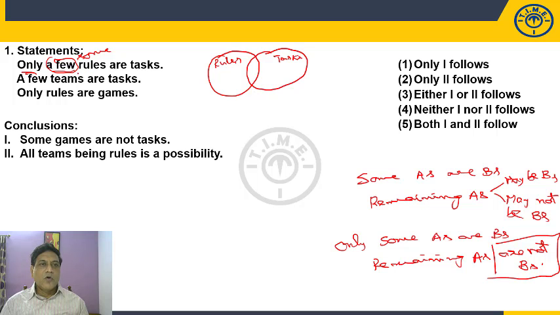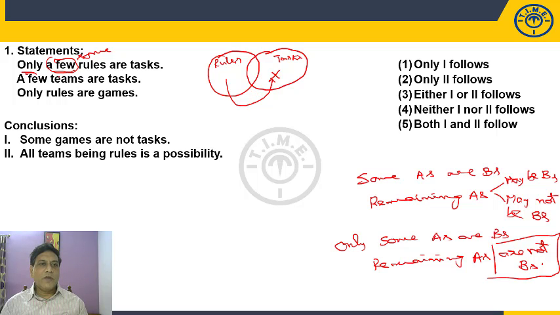So here, only some rules are tasks implies that the remaining rules are not tasks. When we think of an alternative diagram for the given statements, we can try in any manner, but the entire rules cannot be taken inside the task.